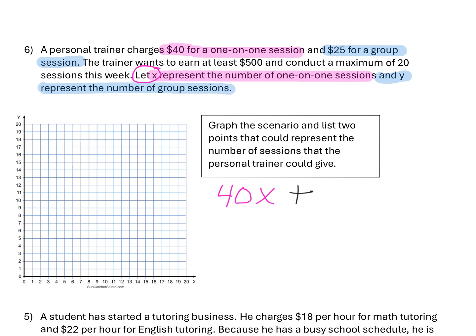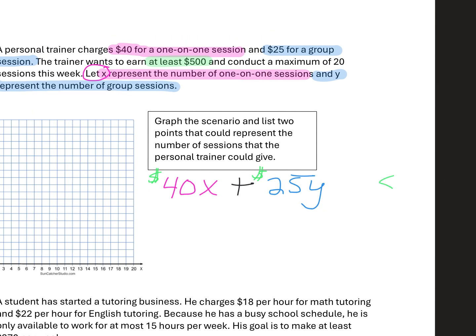So that means that is going to be 25 times Y. And because these are the ones that involve money, we need to look at the inequality that involves money. And it says that she needs to make at least $500. So that means she could make exactly 500, or she needs to make more than 500.